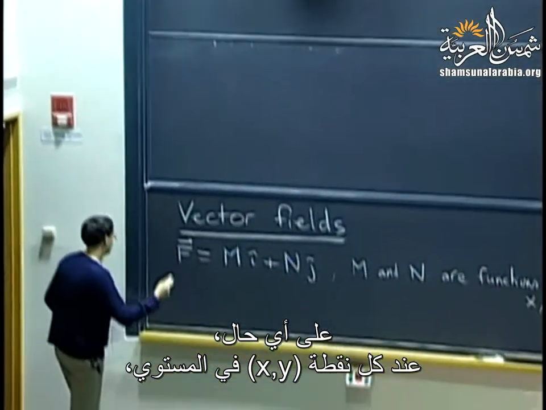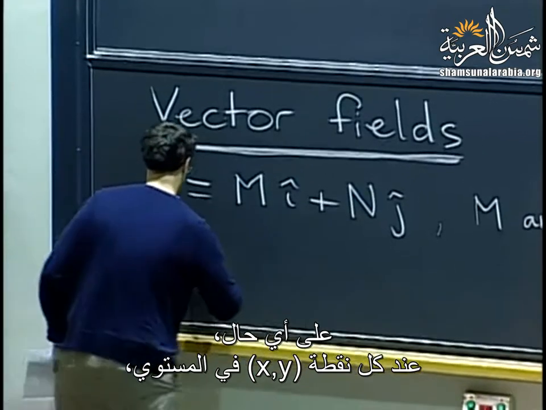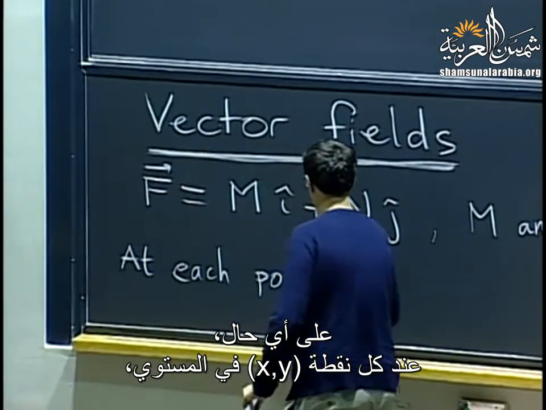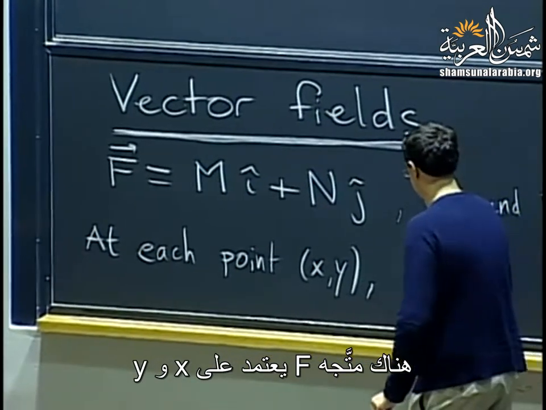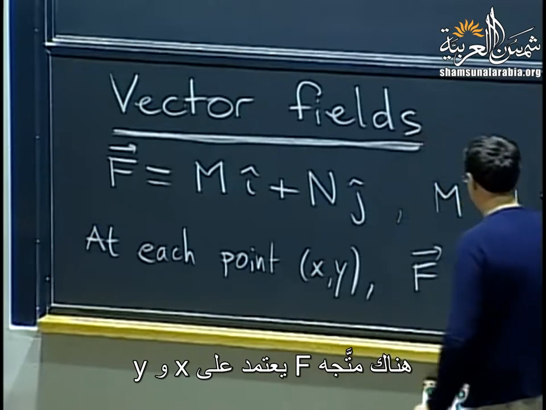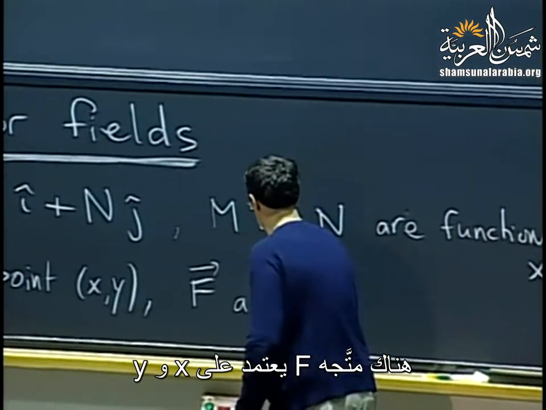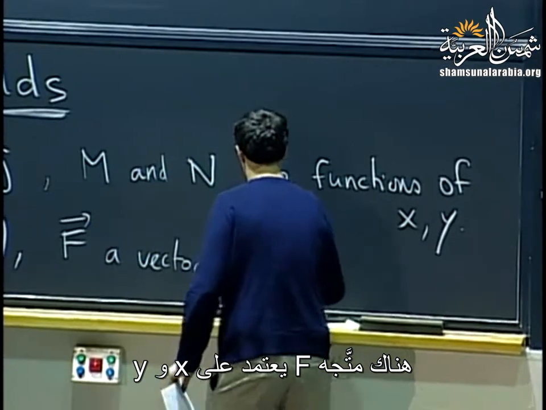So anyway, a vector field is something where at each point in the plane, we have a vector F that depends on x and y.